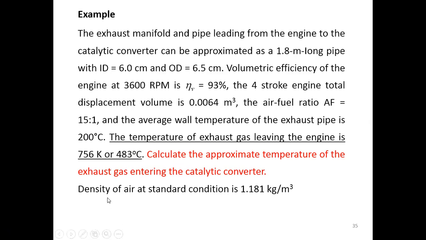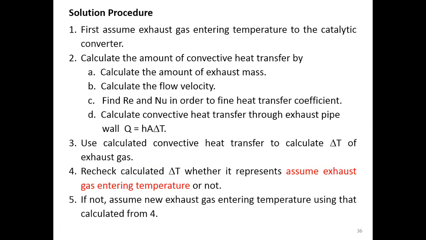The density of the air at standard condition is 1.181 kilogram per cubic meter. The solution procedure, how we calculate this one? The way to calculate this is not a direct way, because we don't know the gas temperature. They ask for the gas temperature.